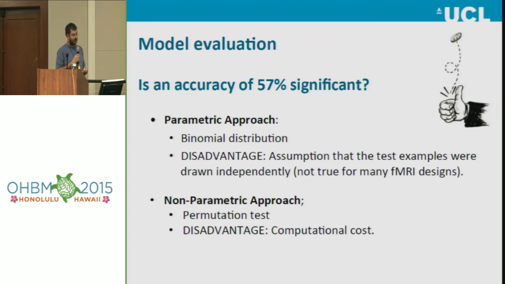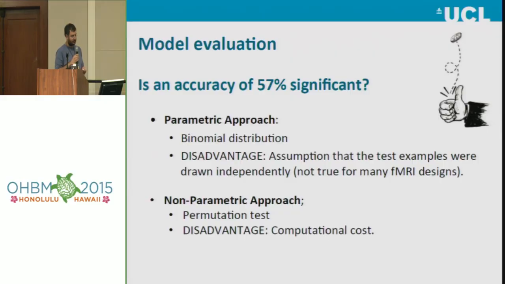There are different ways of looking at this. There's something called the parametric approach, where you would set up a model. Often the binomial distribution is used for this, but it has basic assumptions that are violated quite often in real data, so it's not very principled to use it.